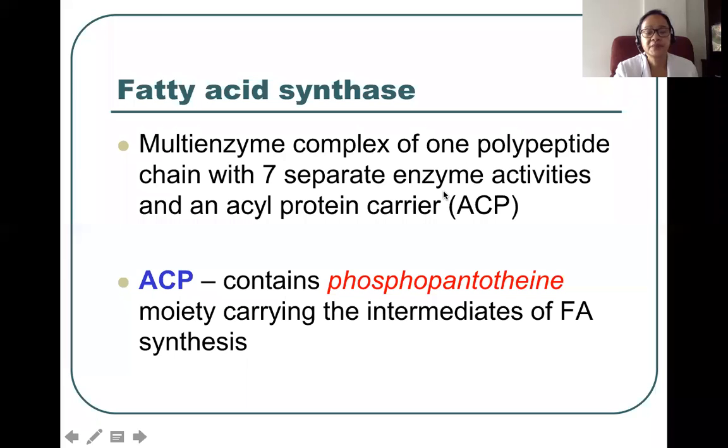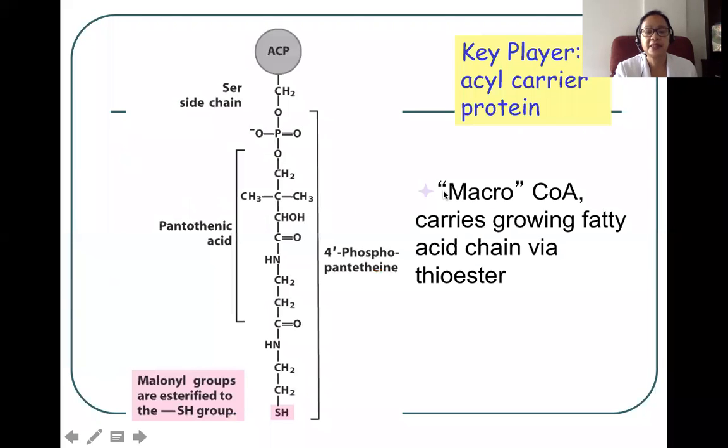I mentioned this already. So this is your acyl carrier protein, and one of the vitamins that acts as a key player or cofactor is pantothenic acid.